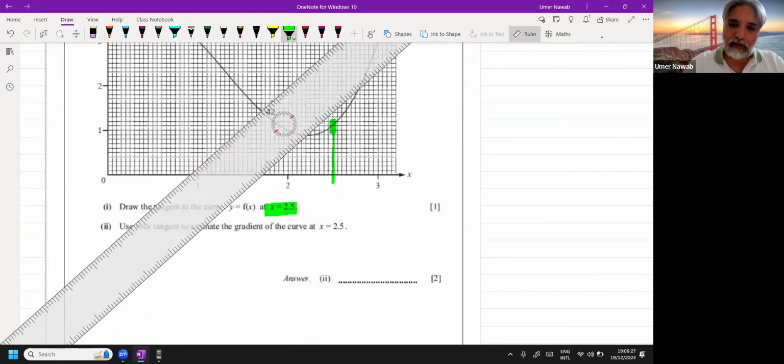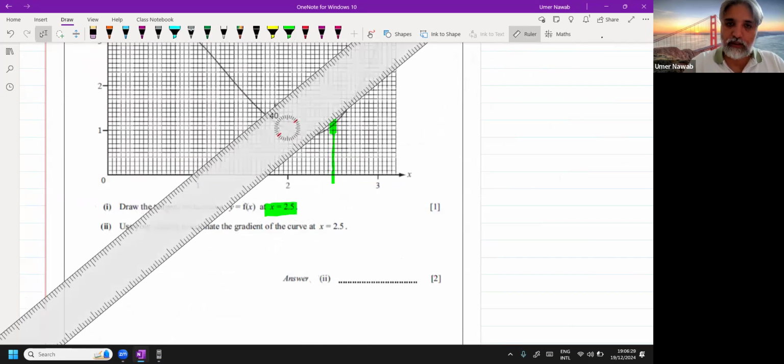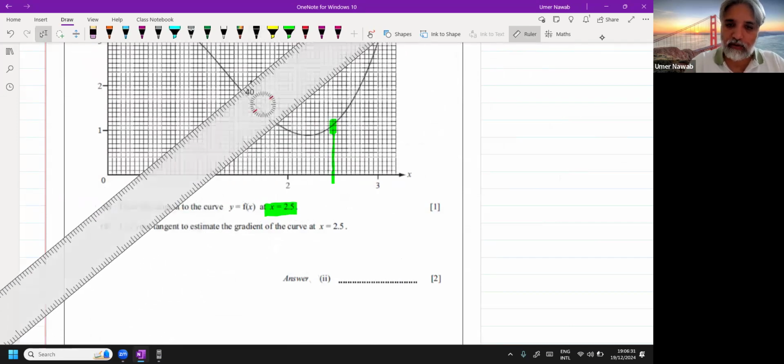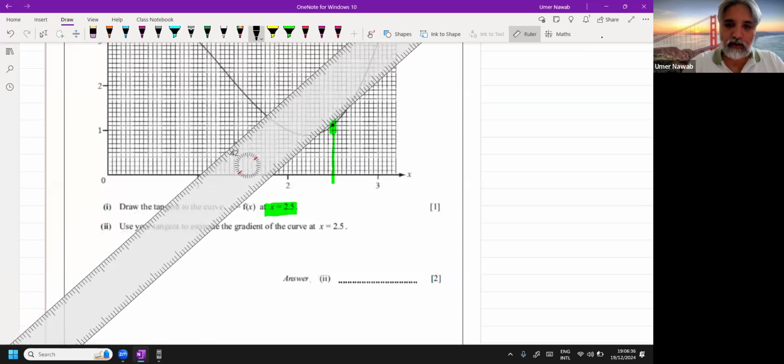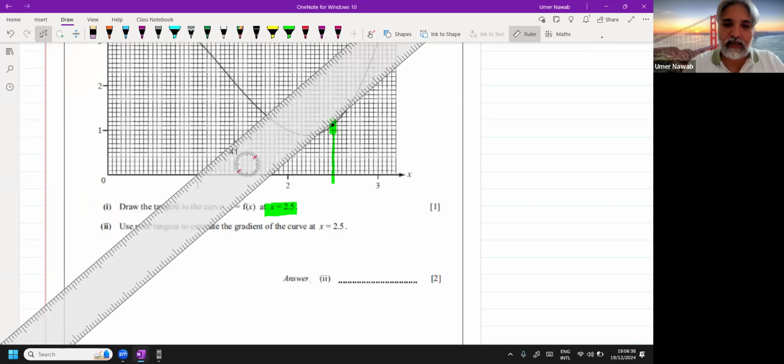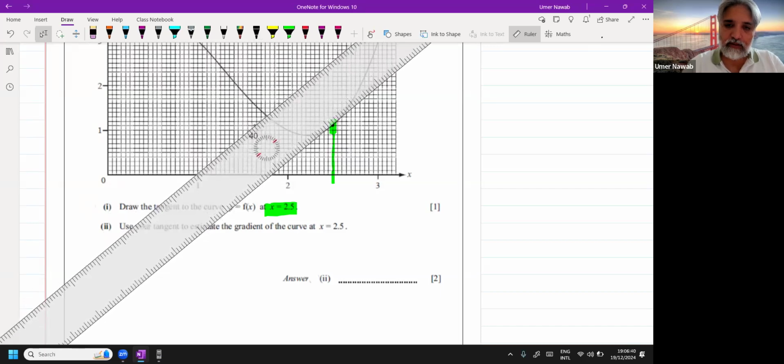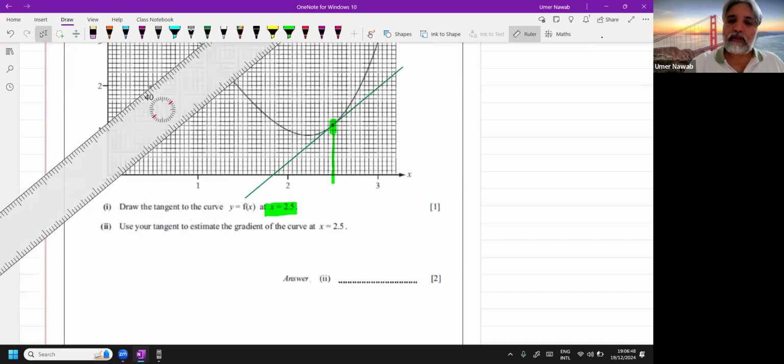The best way is this: get closer to the point and leave equal space on both sides. So this looks like a very reasonable tangent. So draw the tangent, guys.